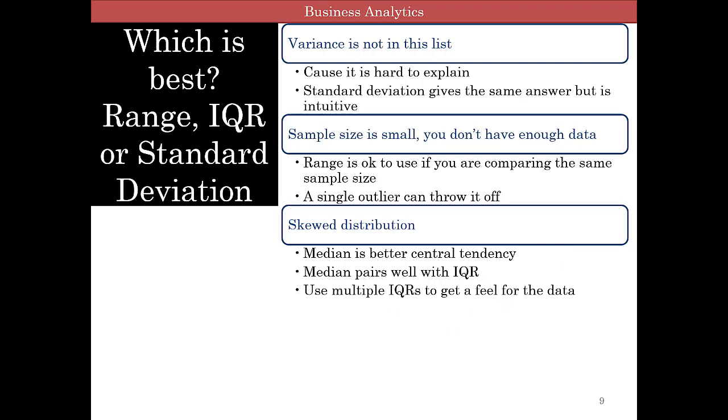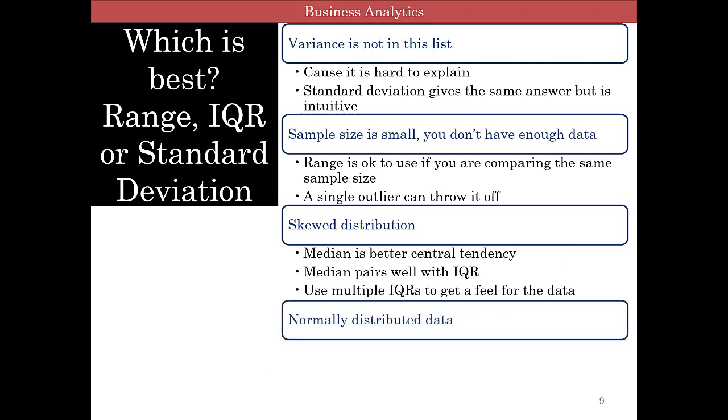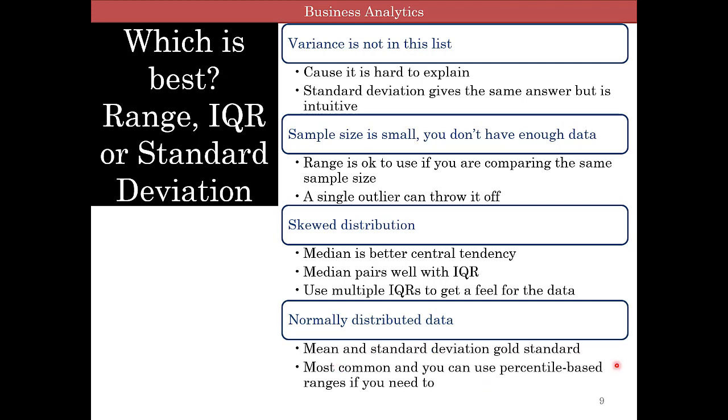Might be a good idea to use multiple interquartile ranges to get a feel for the data. Now, if it's normally distributed data or quite symmetric, the mean and standard deviation is the gold standard. It's very common, and you can also use percentile-based ranges if you need to.